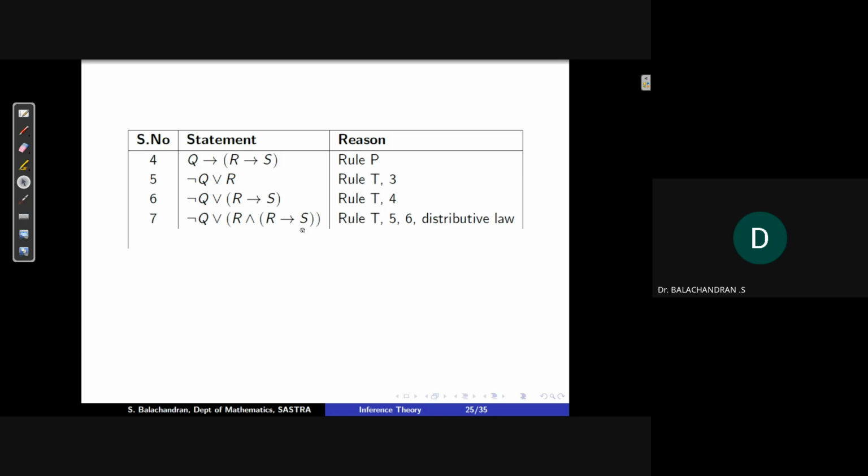Next step, directly I wrote this step, but I explained in that slide. So here I am first taking P comma Q implies P and Q, and then I am applying distributive law.